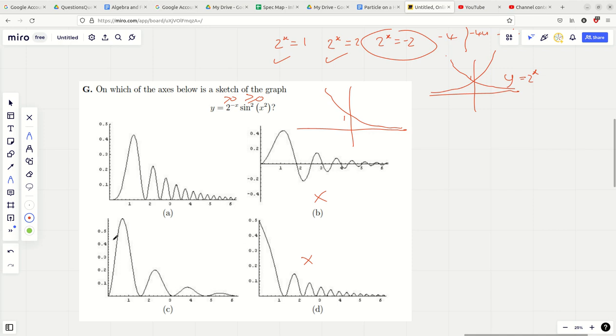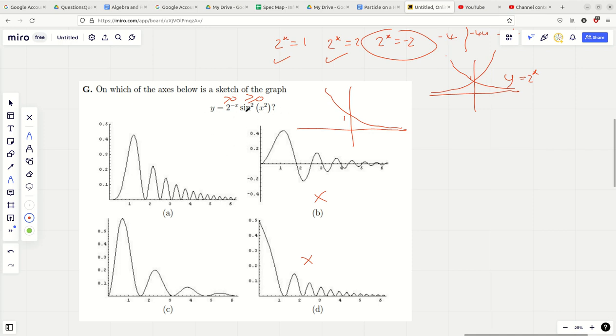Now, I could faff around doing the product rule here, but I've got to be honest with you, I didn't. I really didn't. I just figured like this. This is not going to have its turning points where 2 to the x or 2 to the minus x has turning points, because they don't have any turning points. So it isn't going to control the waviness of this function.